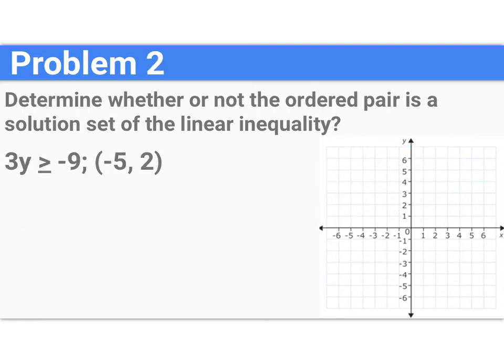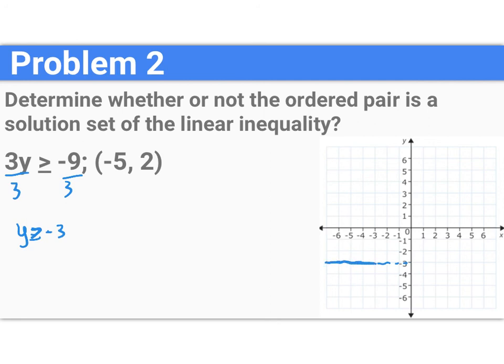Okay, determine whether or not the ordered pair is a solution set of the linear inequality. We're going to divide by 3 on both sides. Y is greater than or equal to -3. I did not multiply or divide by a negative, so I do not have to flip the inequality. y = -3 is a straight line.